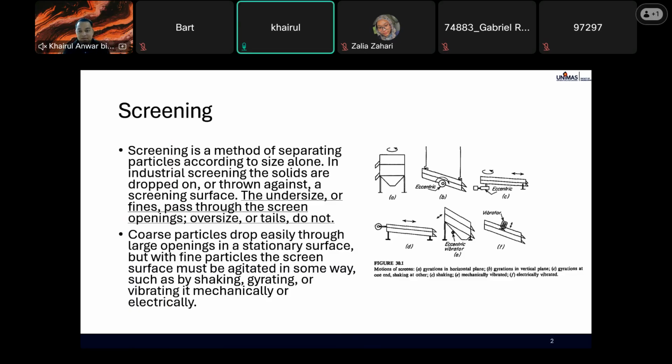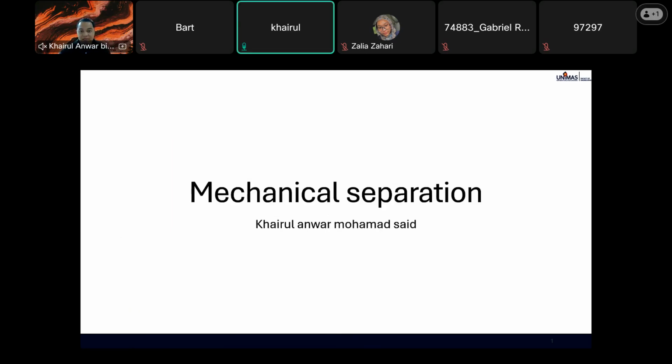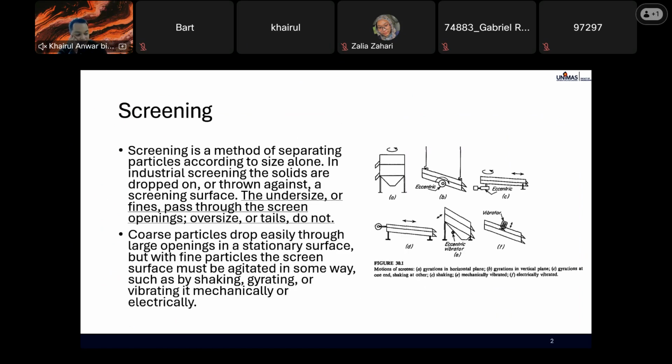So this is physical separation or mechanical separation, meaning the solids are dropped on and thrown against a screening surface. So the keyword is the undersize or fines pass through the screen openings, the oversize or tails do not go through the screen openings.